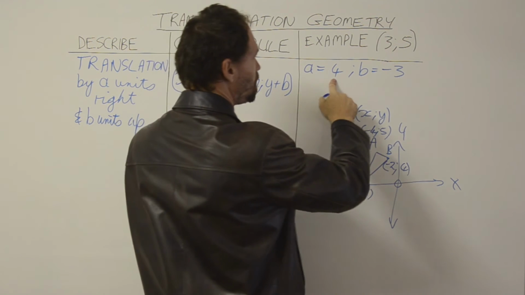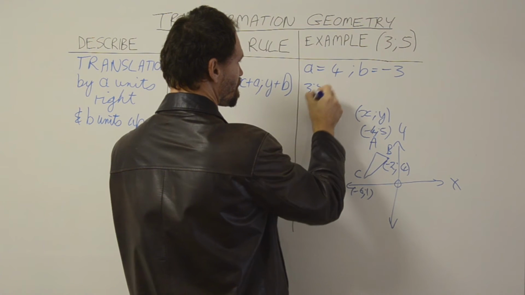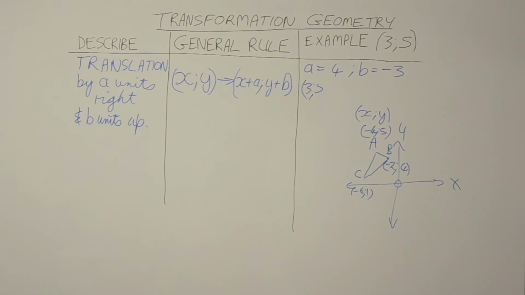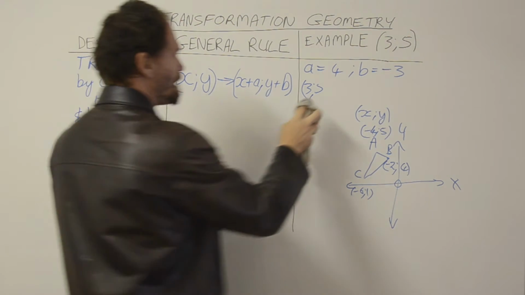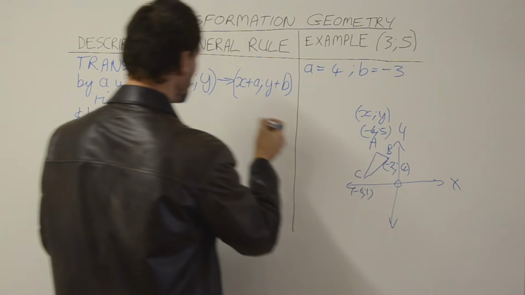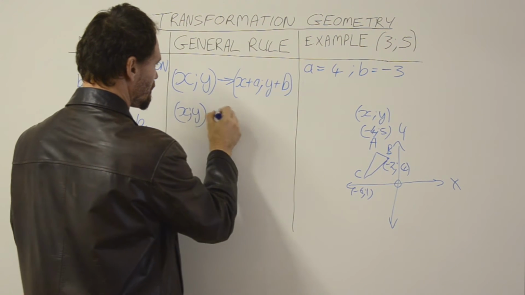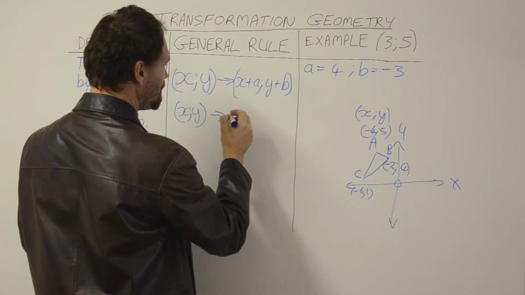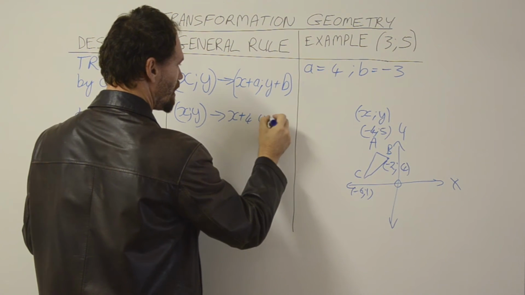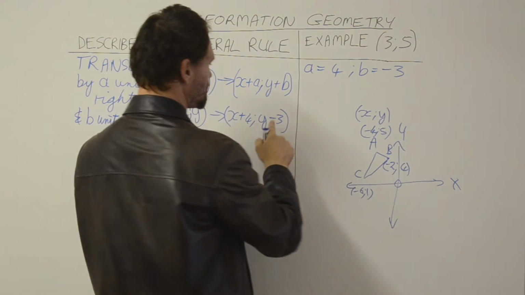So my input xy is 3, 5. I'm going to write down the general rule for this specific one, which will now be my xy goes to, for that specific a and b, my rule will be x plus 4, y minus 3. See that? Plus 4, minus 3.